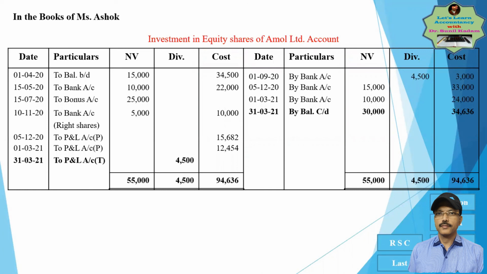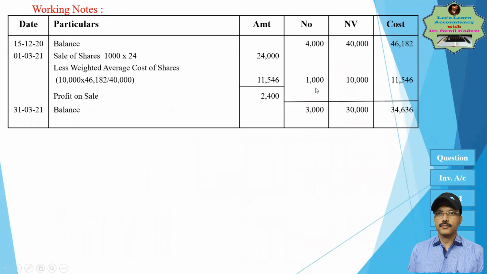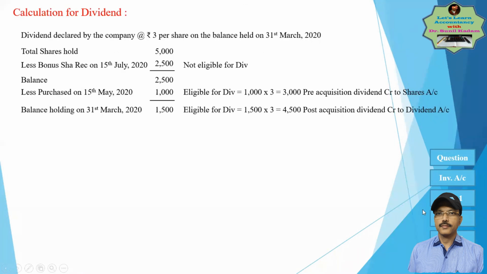In equity shares of Amul Limited, in the books of Mr. Ashok, we have prepared the working notes and shown the answers each and every time. On the next slide, it is prepared and worked out. First we have calculated dividend.